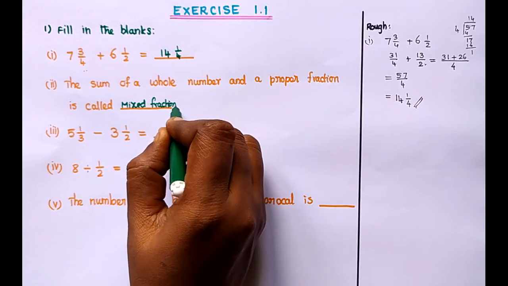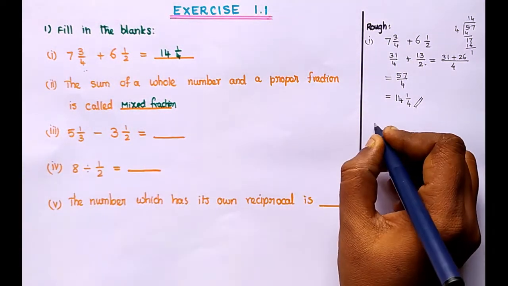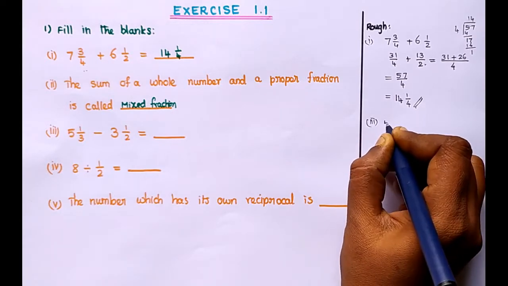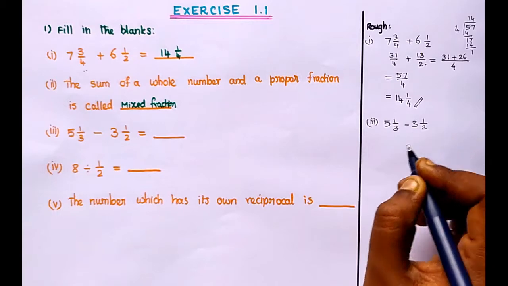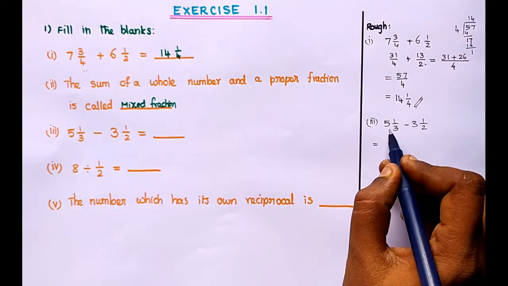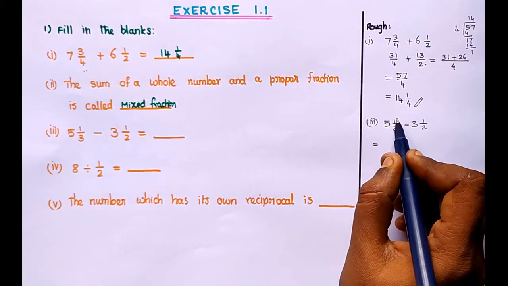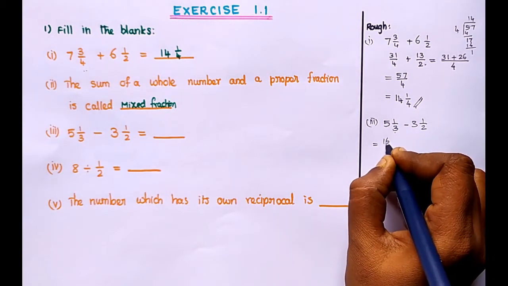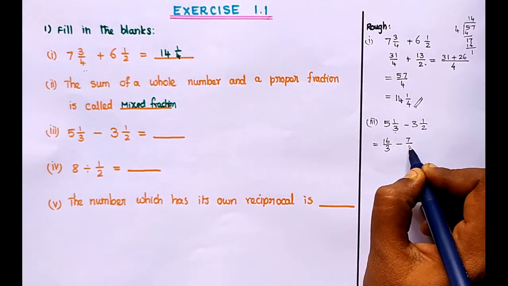Next one, 5 1 by 3 minus 3 1 by 2. So, first change into improper fractions, that is the procedure. So, 5 3s are 15 plus 1, 16 by 3, minus 3 2s are 6 plus 1, 7 by 2.